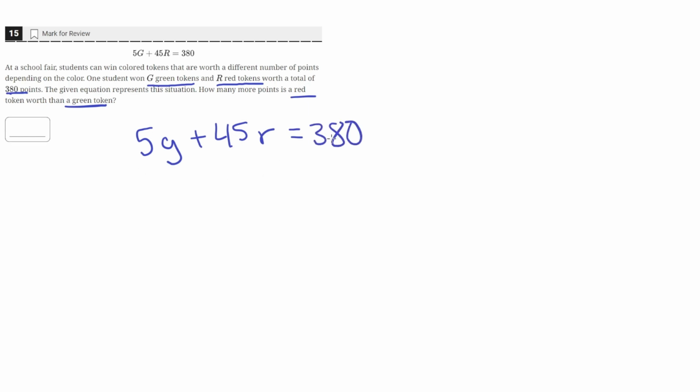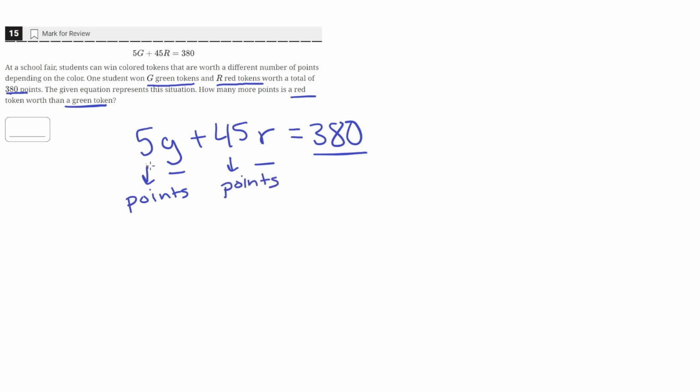This equation gives us the total number of points as a function of the number of green and red tokens. So in order to get the total number of points, we need to multiply the value of a token, or how many points it has, times the number of tokens. So here, 5 is the number of points for a green token, and 45 is the number of points for a red token.